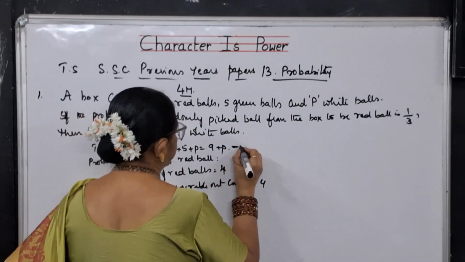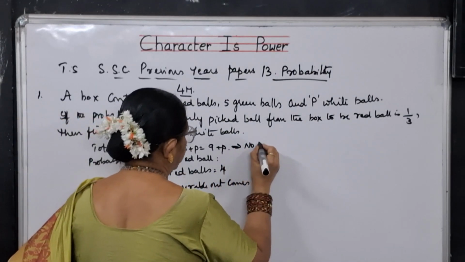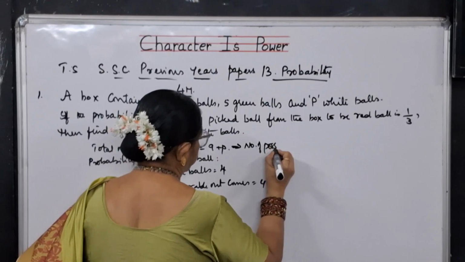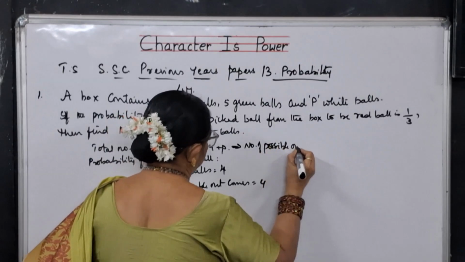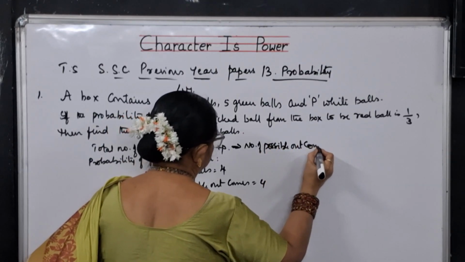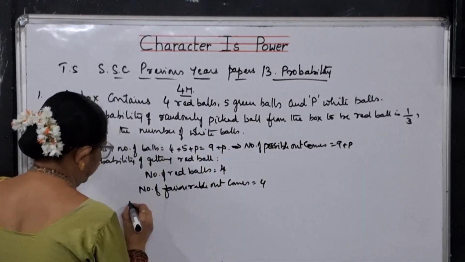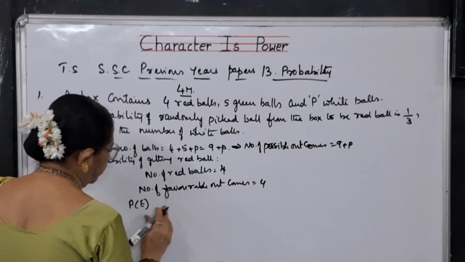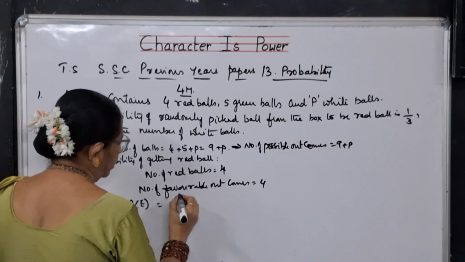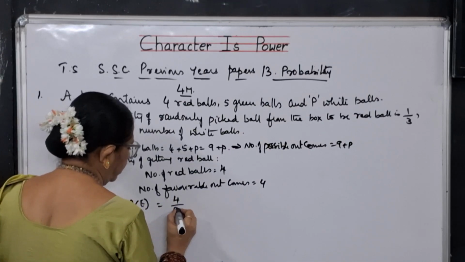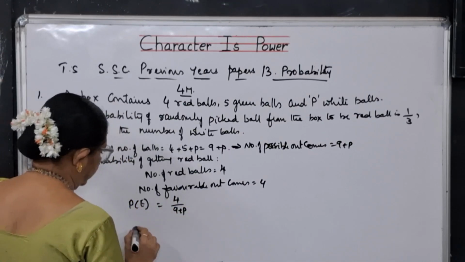This 9 plus p means number of possible outcomes is equal to 9 plus p. So probability of getting red is 4 by 9 plus p.